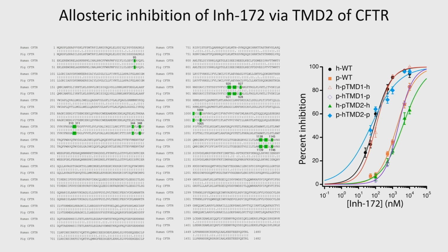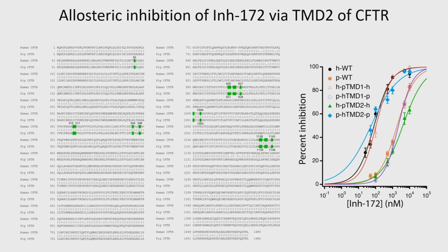Here I must say that we don't have the structure of the pig CFTR bound with inhibitor 172. But if we can accept the presumption that pig CFTR also binds to the inhibitor through those same amino acids, then these data tell us inhibitor 172 most likely inhibits CFTR mainly through TMD2.